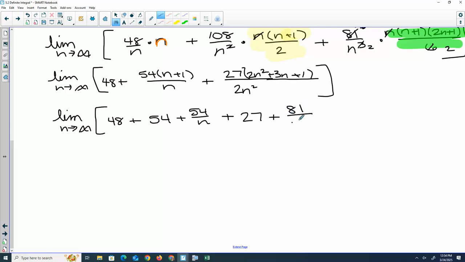So 81 over 2n, and 27 over 2n squared. Now we can do our limit. Anything with n on the bottom goes away, turns into 0. And 48 plus 54 is 102.